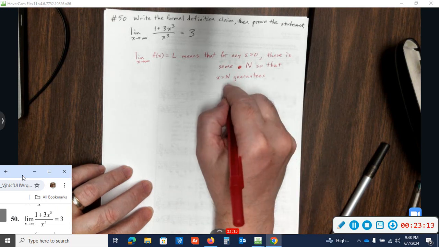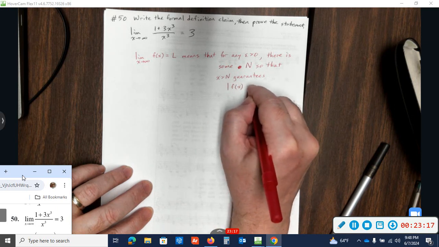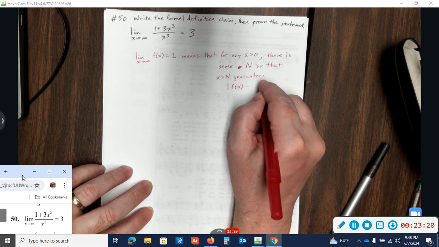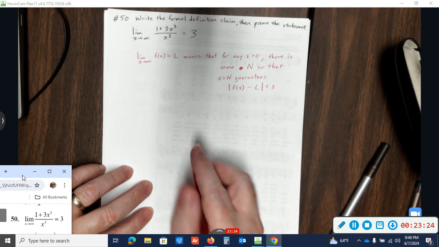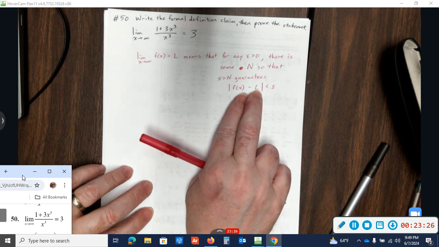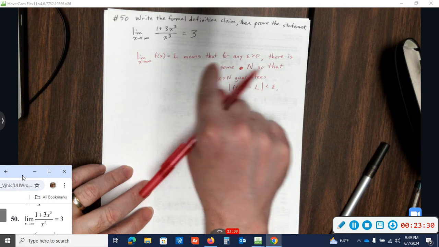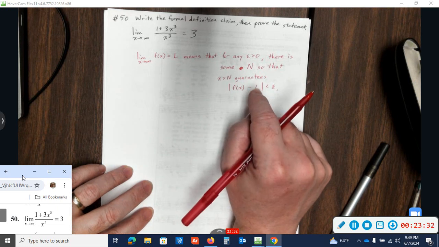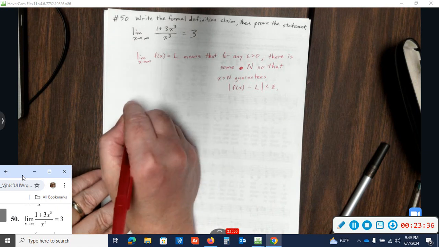that the function value is within epsilon of its target. The difference between the function value and this target value is less than epsilon. Recognize that that says what it ought to say. Let's look at it in the context of this one.